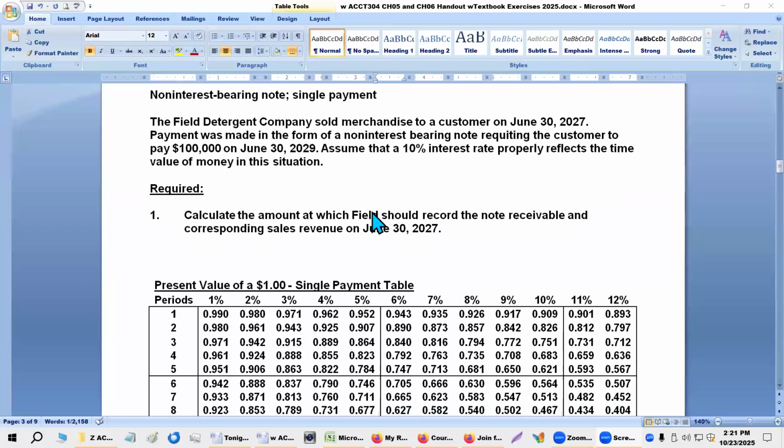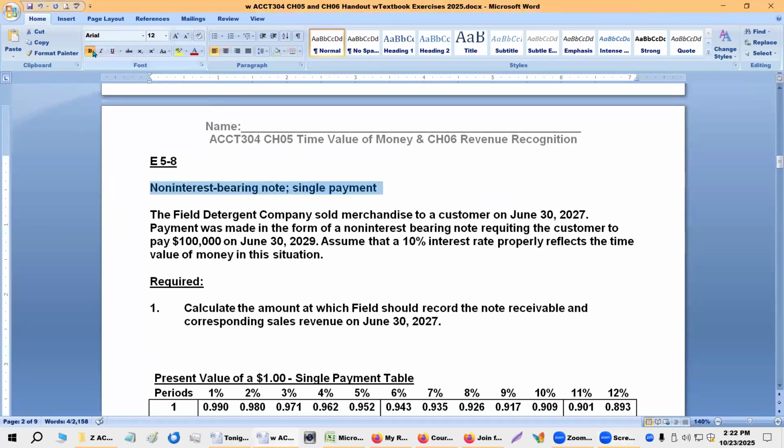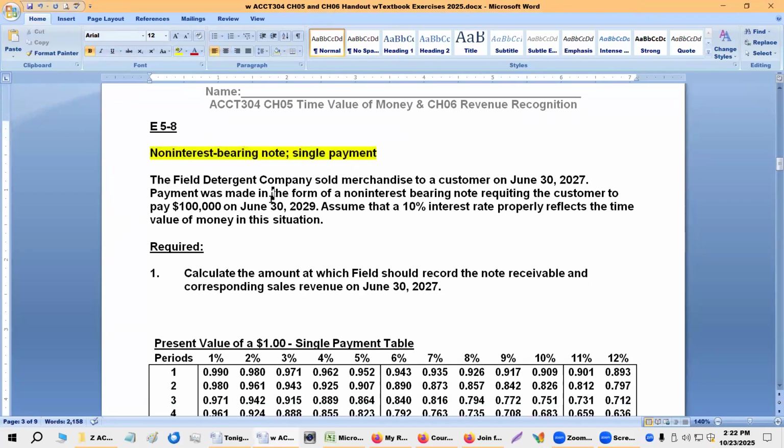Okay, so interest-bearing note, single payment. Okay, so let's see. Field Detergent Company sold merchandise to a customer on June 30, 2027.